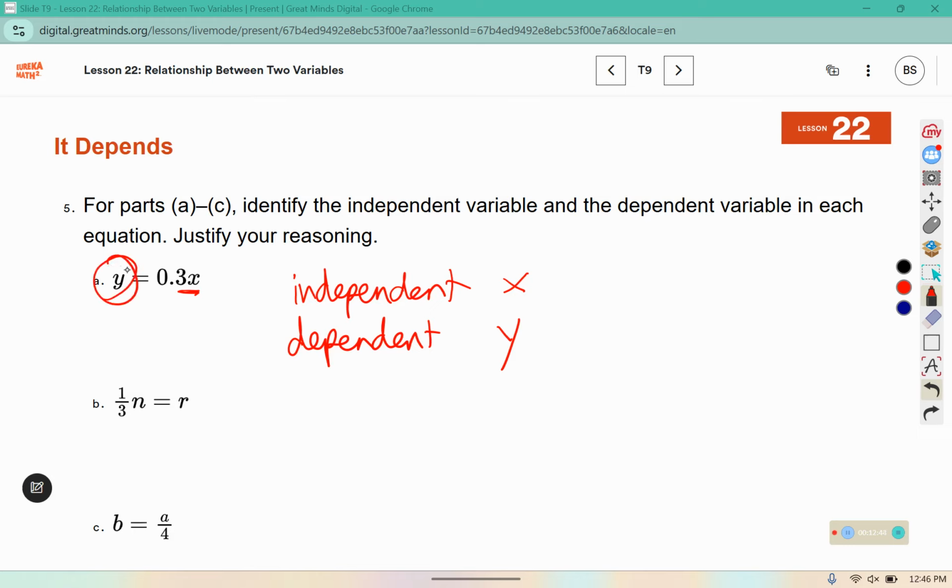Y is dependent on x because it's being multiplied by 0.3. So based on whatever x is, we'll have to calculate the y value. The value of y depends on the value of x.